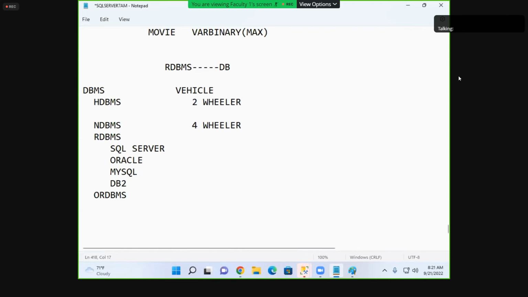Which two-wheeler? I use a Honda Activa. That means how do I come to Naresh IT? By using a vehicle. Which type of vehicle? Two-wheeler. Which two-wheeler? Honda Activa.